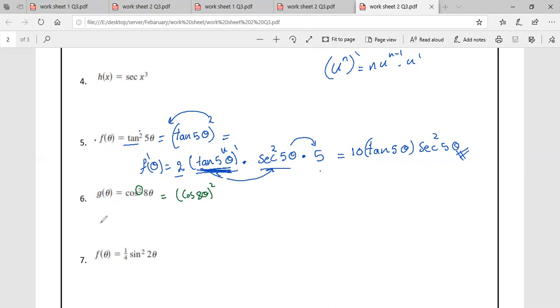Find the derivative of the bracket, multiply the derivative of what is inside the bracket. But the function between the bracket, if it is a composite, I repeat what? The chain rule again. Derivative of outer, multiply the derivative of what? Inner.